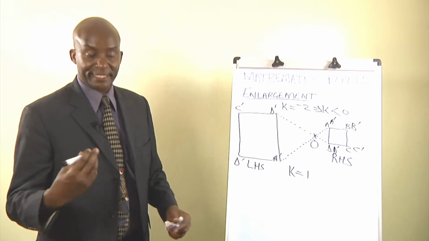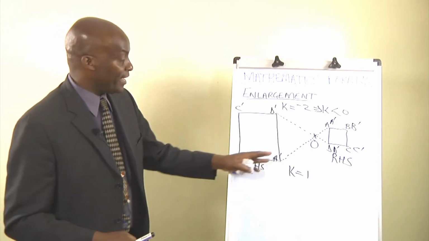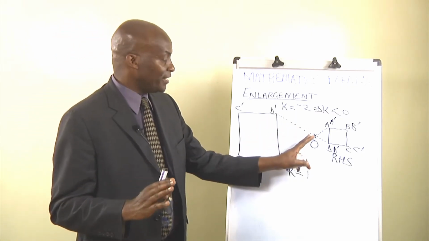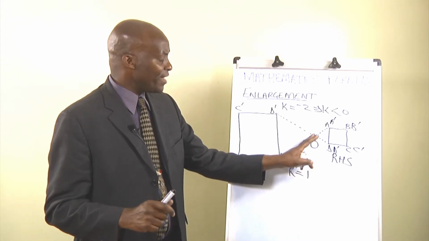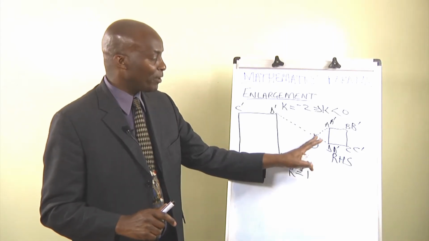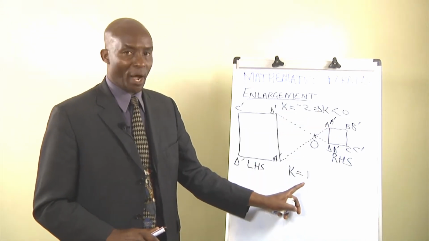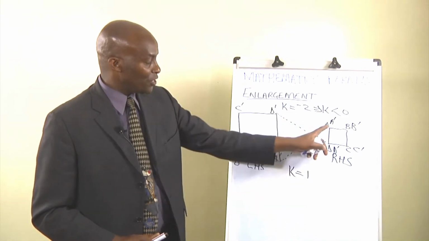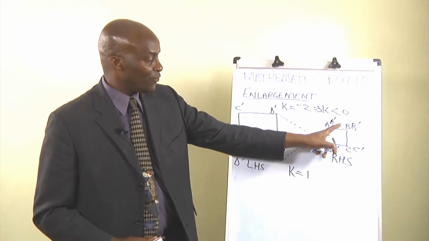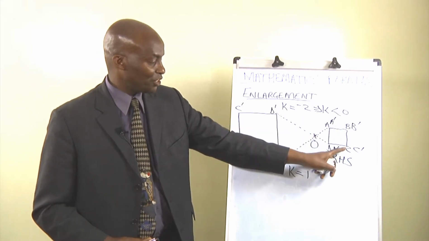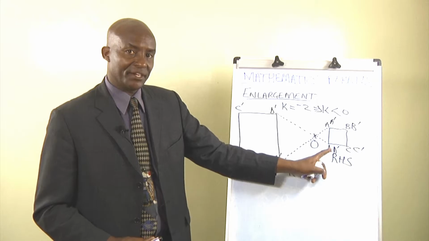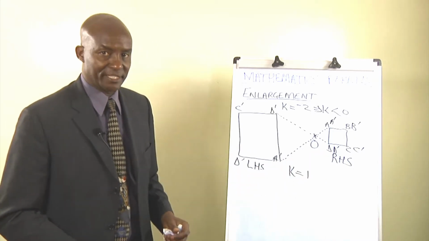And that is what I had said earlier, that in enlargement, the center of enlargement is the only point that remains fixed, except when K is equal to 1. When K is equal to 1, A also remains fixed, B remains fixed, C remains fixed, and D also remains fixed.